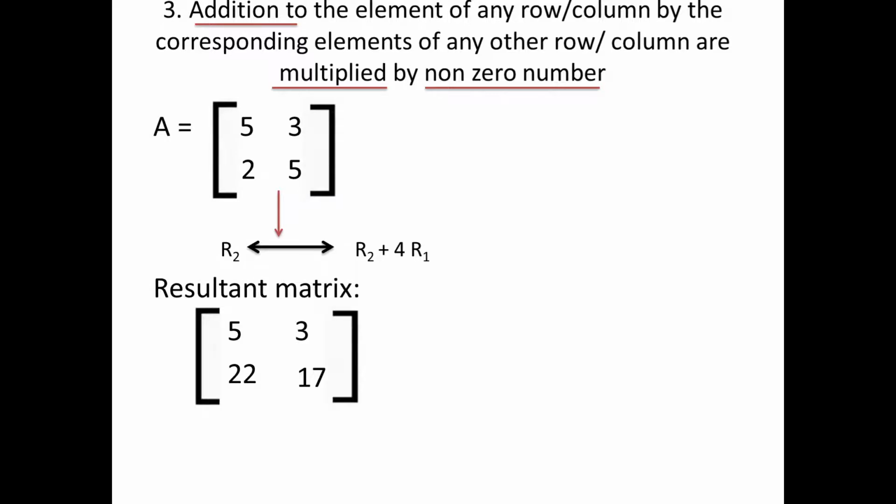Now if I go for the column transformation, let's take the same concept: the elements of column 1 plus 4 times the elements of column 2. So what will I get? In this case, the elements of column 2 will remain the same, that is 3 and 5, as the change can take place only in the elements of column 1. So the first element of column 1 is 5.